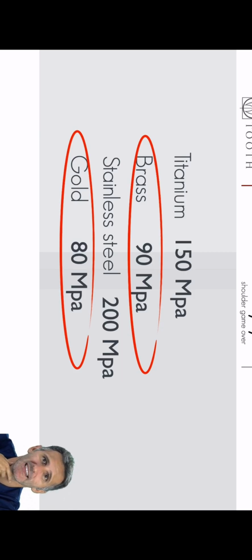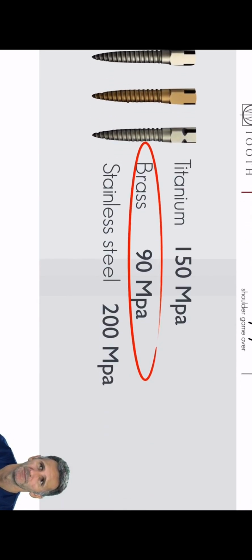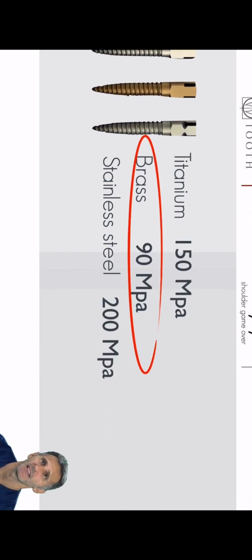So the reality is that the best materials are in this range, between 70, 80, 90. So the best materials for a post are gold and brass. Gold, of course, nowadays is very expensive, so I think that a good solution is going with brass, also because there are some posts like Dentatus that are already made in brass. Brass is 90 MPa, and this is the post that I use.